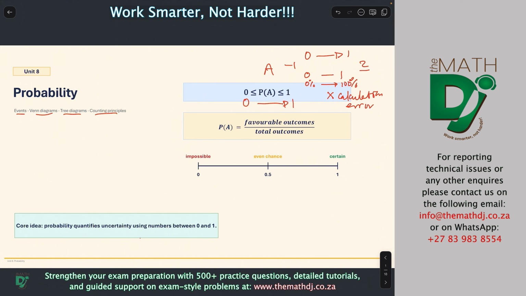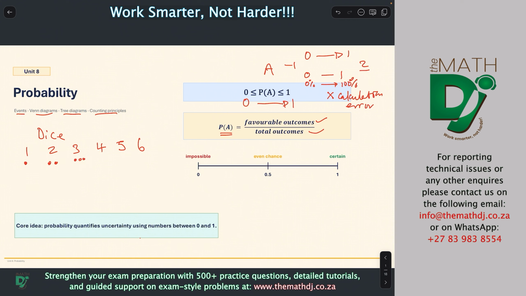Then when you speak of the probability of an event A occurring, it is favorable outcomes over total outcomes. For example, the most popular example is throwing a dice. We know that a dice has got 6 faces: 1, 2, 3, 4, 5, 6, which are normally represented by dots like these ones.